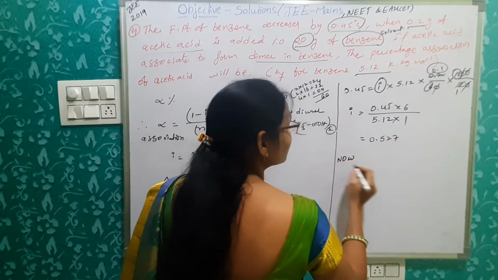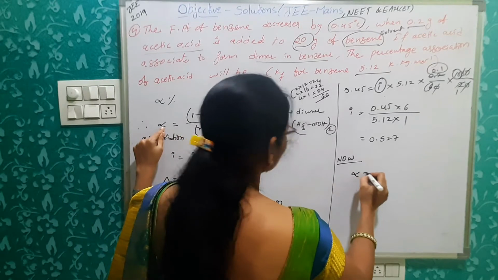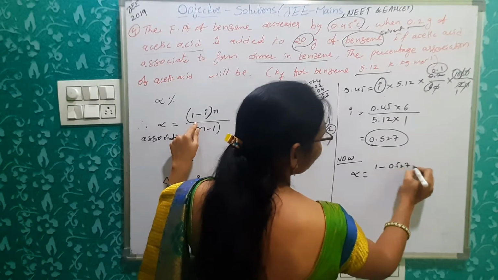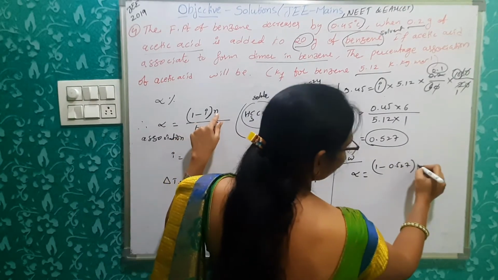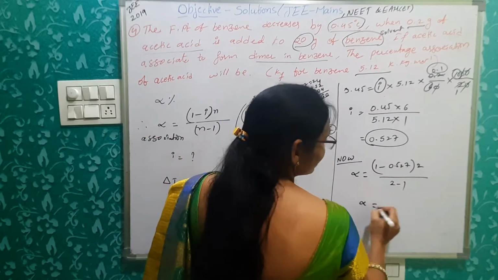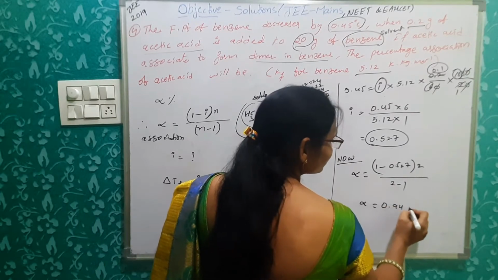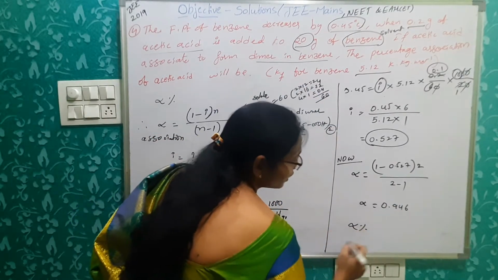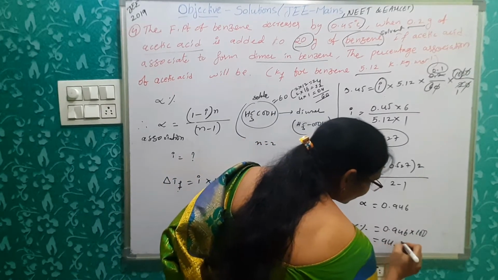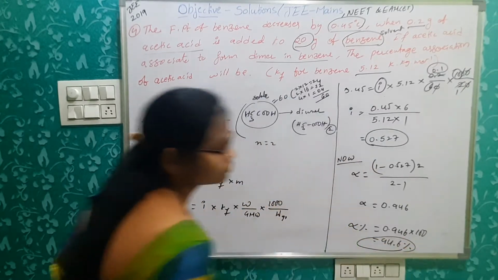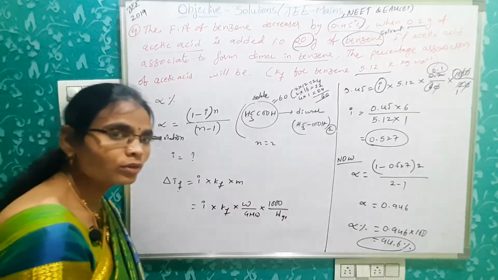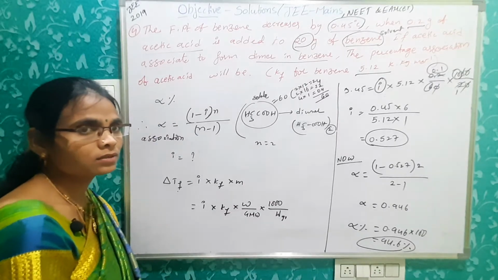Now alpha is equal to 1 minus i factor, which is calculated as 0.527, n means dimer means 2, by n minus 1, which means 2 minus 1 is equal to 1 only. By simplifying this we will get 0.946. But percentage of alpha means 0.946 into 100, which is 94.6%. Clear? Degree of association alpha percentage is equal to 94.6. Clear?